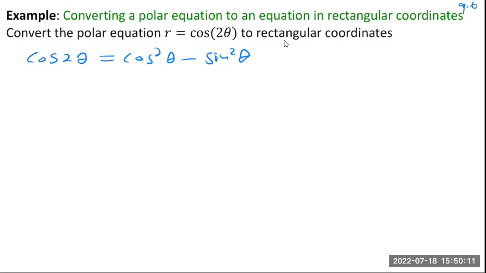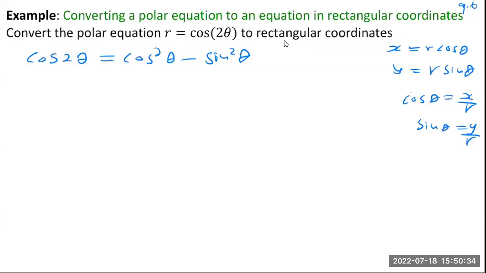But by the previous theorem we know that x is equal to r cosine theta, y is equal to r sine theta. So from the first equation, if you divide both sides by r, you get cosine theta is equal to x divided by r. Similarly, you get sine theta is equal to y divided by r.